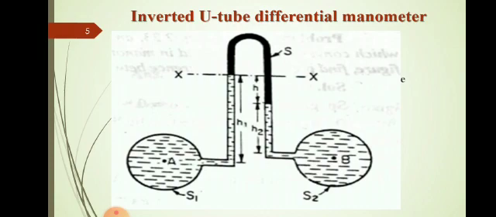And see where the datum is marked. The datum is marked at the higher point of the mercury level. Okay, it is inverted. So this is the higher point of the mercury level, and a horizontal line is drawn at the higher level, and that will be taken as the datum.